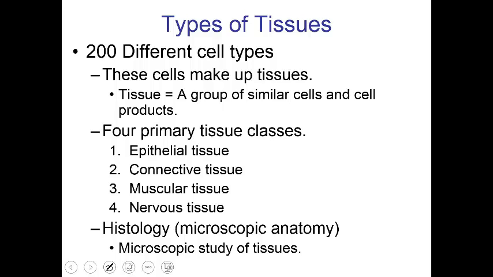So both muscular tissues as well as nervous tissues can transmit action potentials. Nervous tissue can also generate action potentials. Muscle tissues can transmit them, but cannot generate action potentials. Nervous tissue can both generate as well as transmit action potentials.